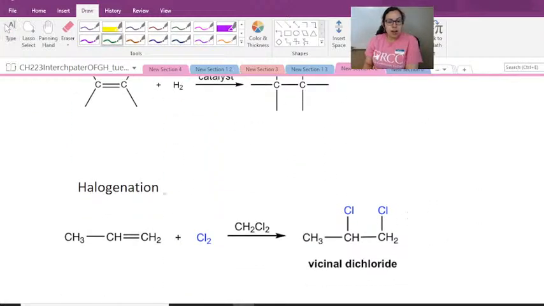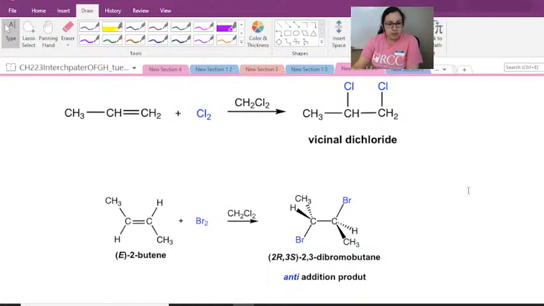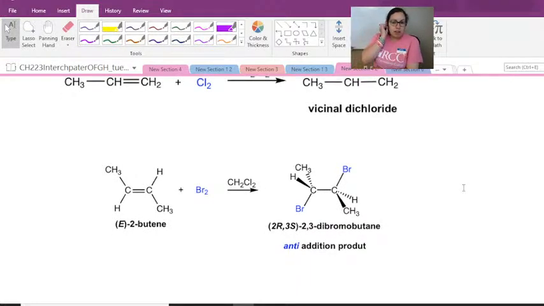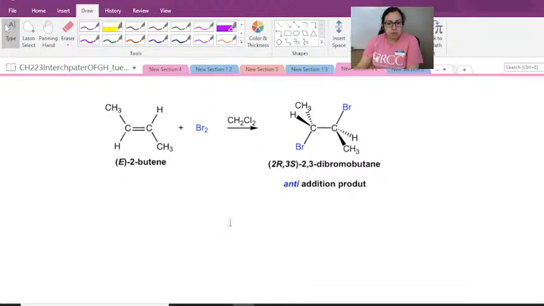They also undergo halogenation across this double bond, so you could add, in this case they added chlorine, but you could add iodine, or bromine is also used for halogenation, and that adds across the double bond. If it's a halogen, then you get the addition of both to that double bond. Looking at this, you can get different products.